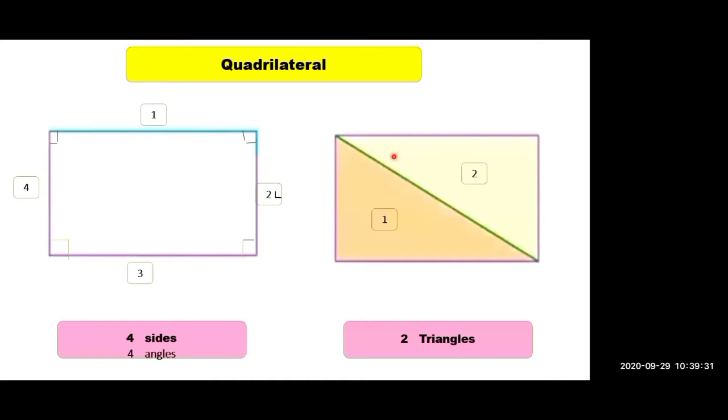If we draw a diagonal between opposite vertices, the quadrilateral is split into 2 triangles. Quadrilateral में कितने triangles बन गए? 2. So in quadrilateral, 4 sides, 4 angles and 2 triangles are there.